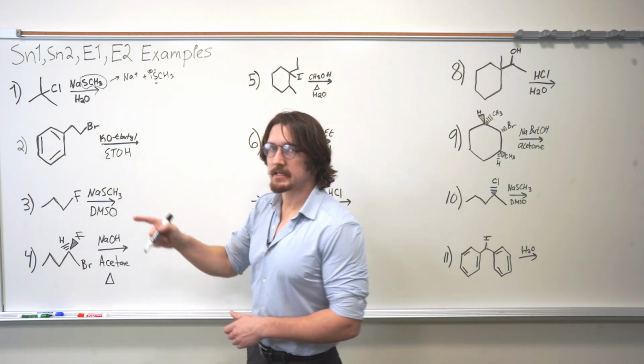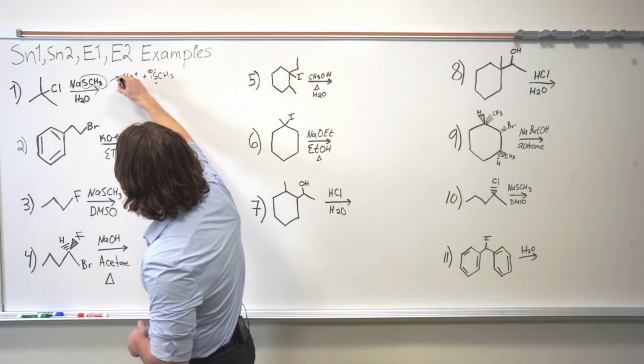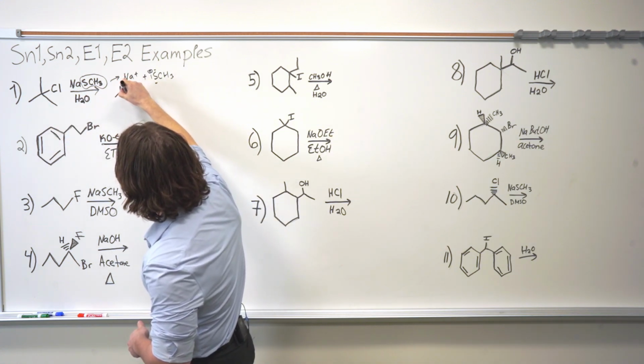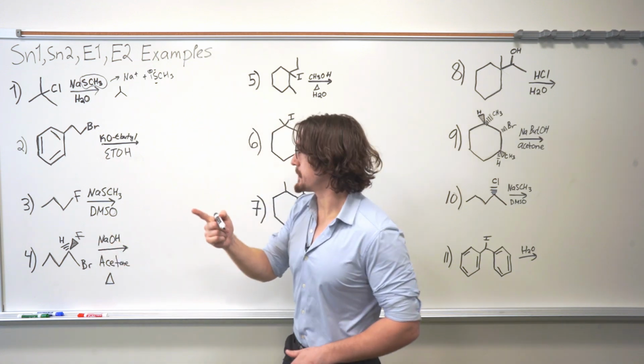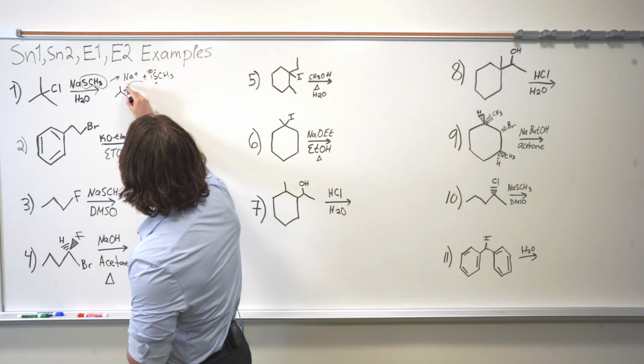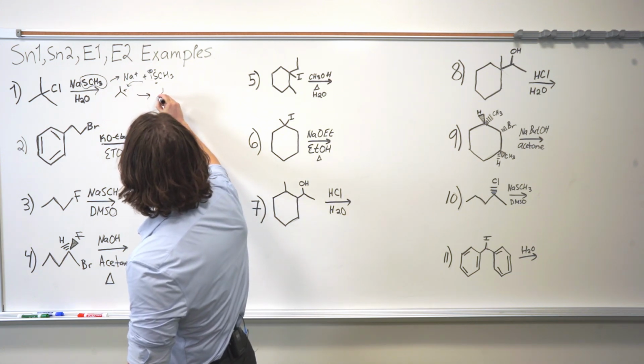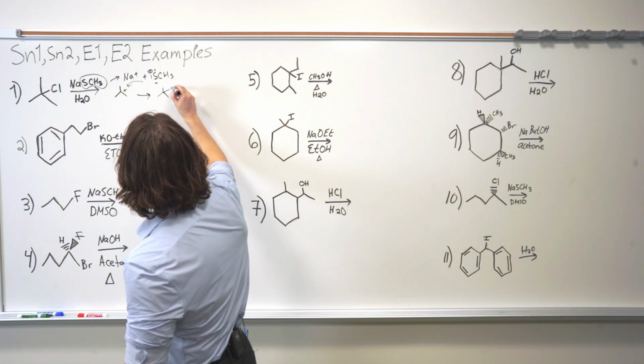So what's going to happen is SN1, where we're going to get a tertiary carbocation. The leaving group is going to leave. Chloride is going to leave on its own in that first step, the rate determining step. It's going to get a stable carbocation, and this is going to attack it and form the substituted molecule.